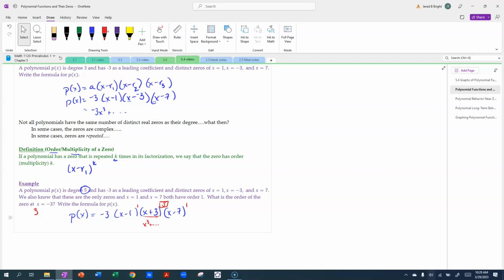And then also in doing that, some of the factors might have order greater than 1, meaning the zero has an order greater than 1, which means that the factor in the factored form is going to have an exponent of that order, okay? So be aware of that as we move forward, but for now, we'll keep on talking about how this information gets translated to the polynomial's graph.